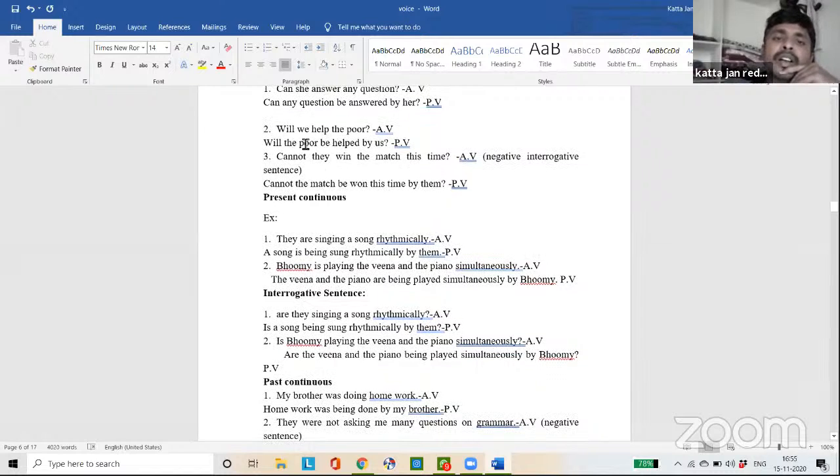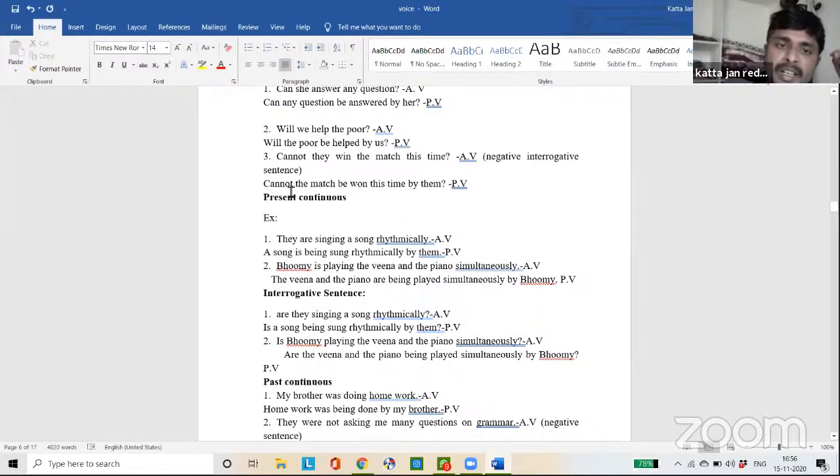Next, will we help the poor? Again, will is the same. The poor, be, an extra be, help becomes helped, by, we becomes us. Next, cannot they win the match this time? This is a negative interrogative sentence. I mean, can't they win the match this time?